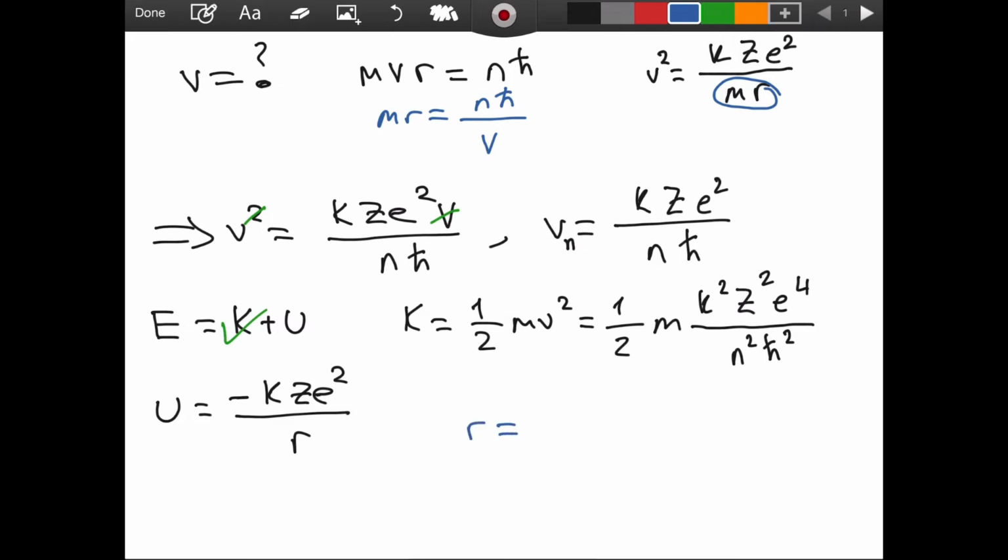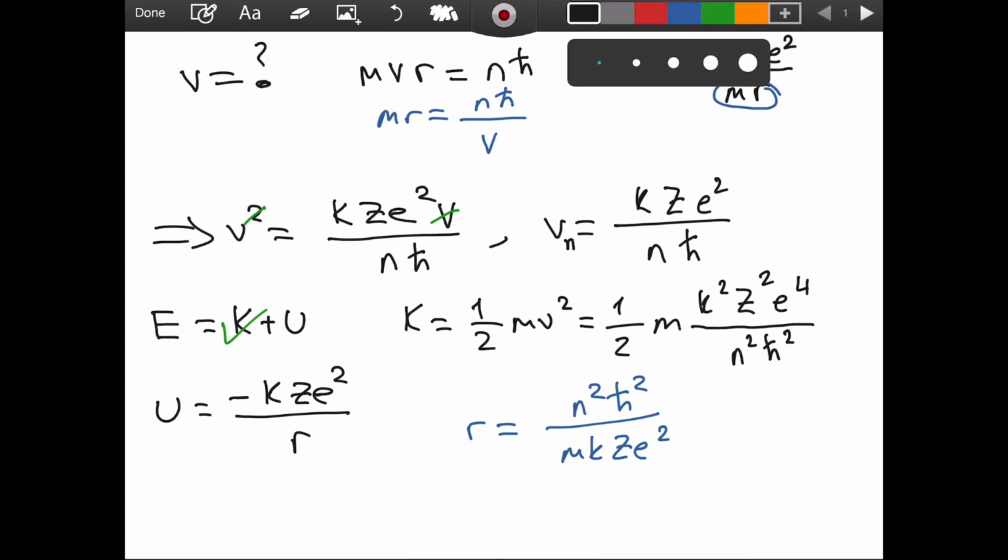R is equal to, I am just copying it from my notes. We already derived this in the previous video. It is n squared h bar squared divided by m k z e squared. Alright? So if we substitute this for U, the potential energy of our electron, we're going to have negative k z e squared, and then we have R in the denominator, so let's just multiply by its reciprocal.